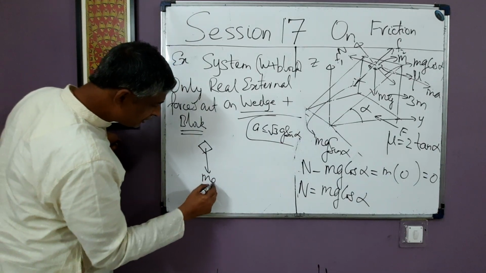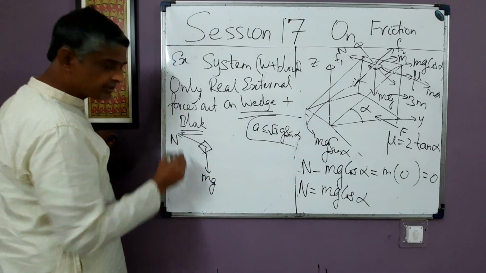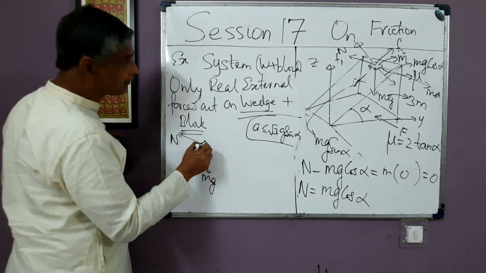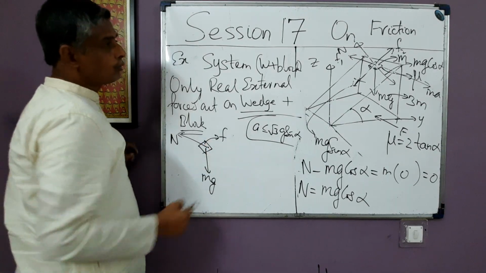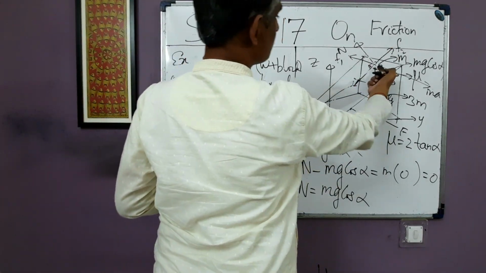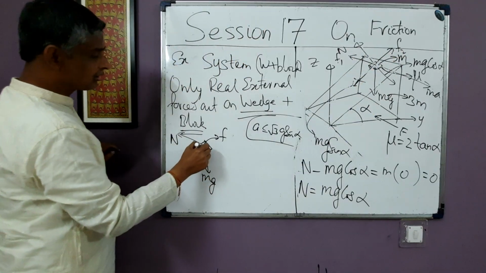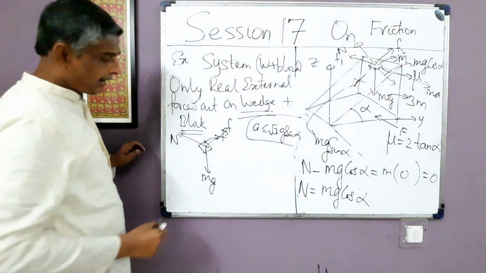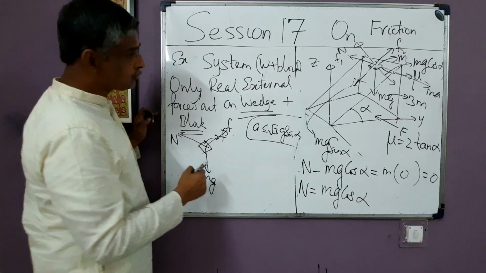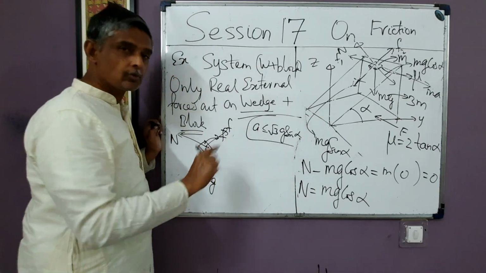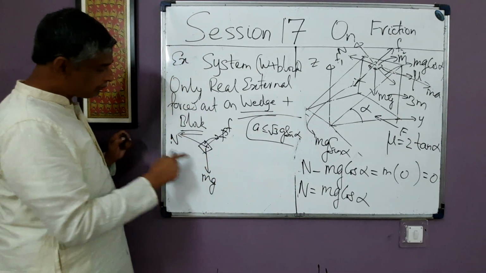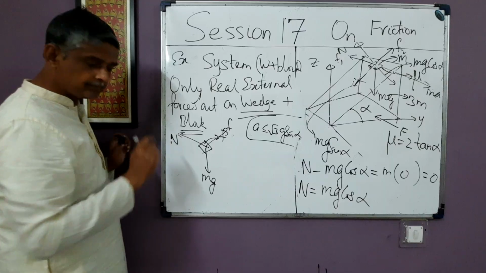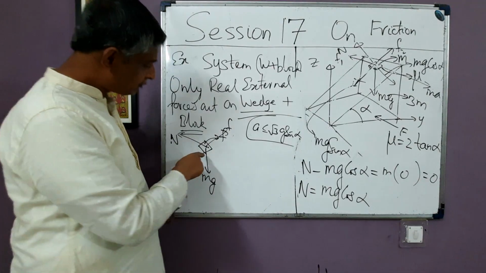One real force is mg, other is normal force N, other is some friction force f, whose resultant is along this direction. This friction I have shown here arbitrarily. So these are the three forces on the block: mg, f, and N. This free body I have drawn with respect to ground.